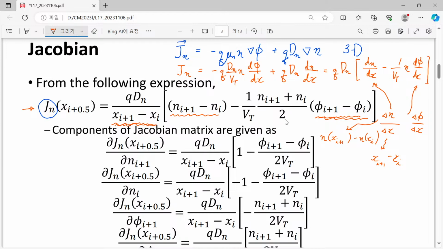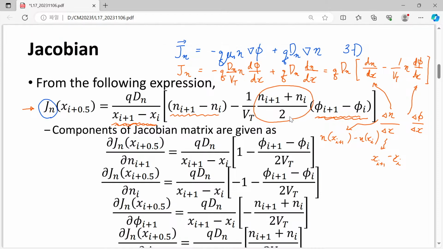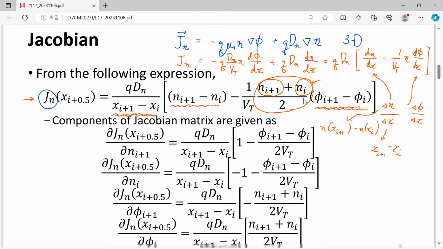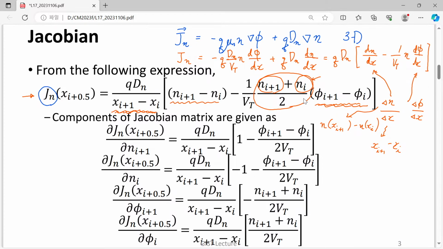I told you that the most significant part of this approximation is this one. Although we don't have any information about the electron density defined at the midpoint, we just gave it by taking the arithmetic average between these two boundary values. That was the main approximation we made. It is quite a poor approximation, as we will see later, but for a while we just take this approximation.